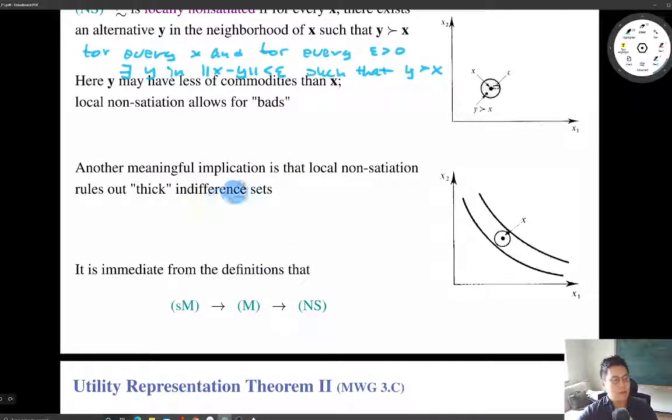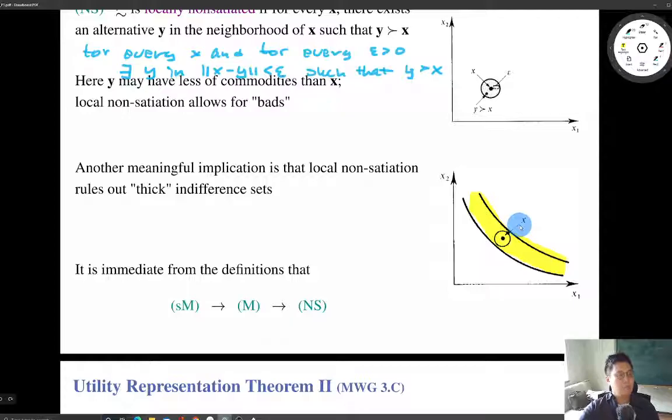Another meaningful implication is that local non-satiation rules out thick indifference sets, like this one. Suppose that every bundle inside these two bands, inside these two curves, is indifferent. That naturally violates local non-satiation, because if we randomly pick x inside this band, there is some open ball, and inside this open ball every bundle is exactly indifferent to bundle x.